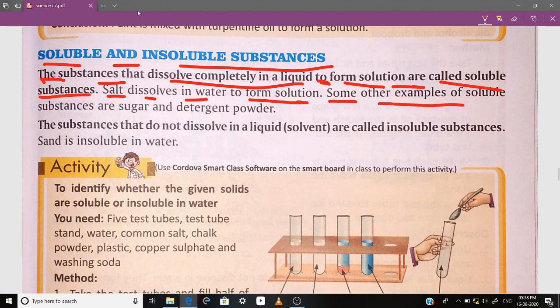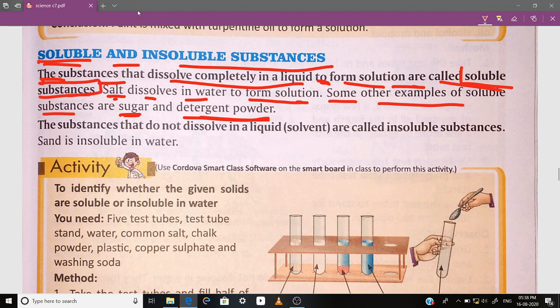Some other examples of soluble substances are sugar and detergent powder. All these substances like detergent powder, sugar, salt, they dissolve in water, so we call them soluble substances.